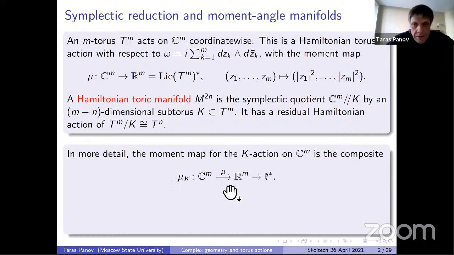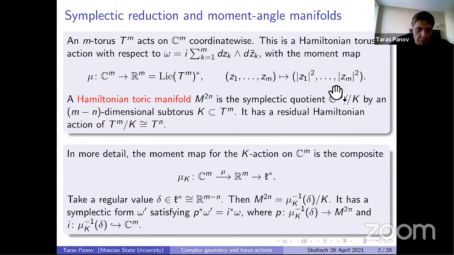If you write it in coordinates, an m-tuple of complex numbers is sent to a set of m minus n quadratic expressions in those squares of moduli.